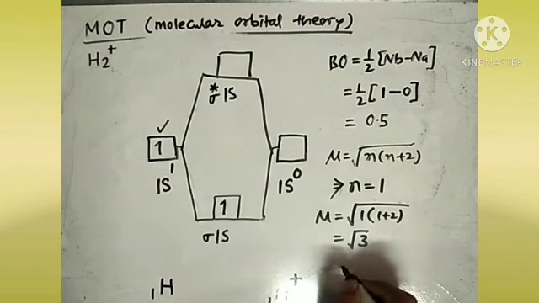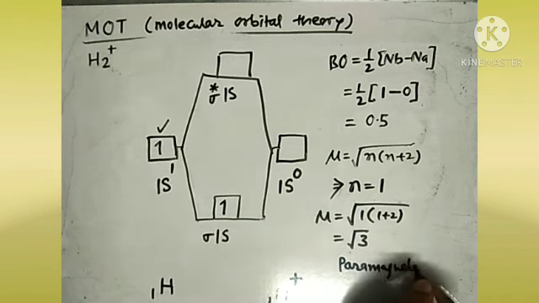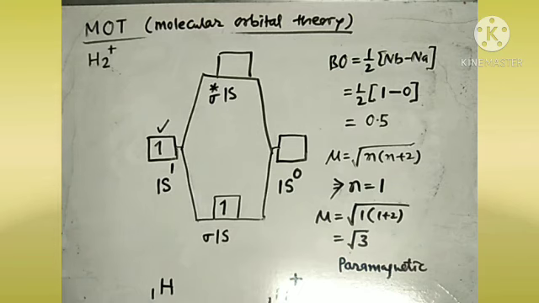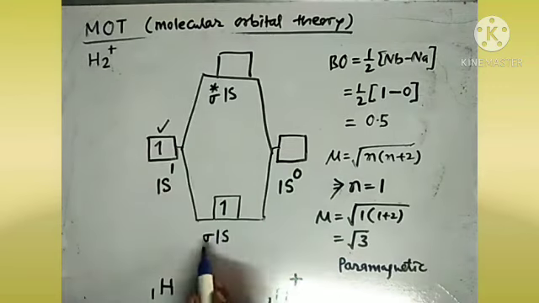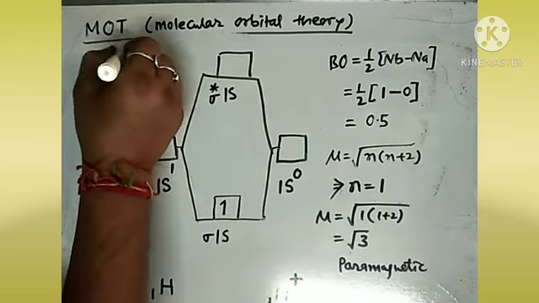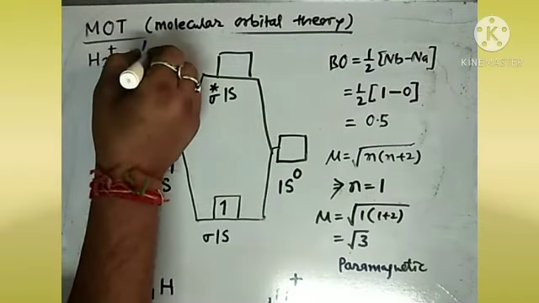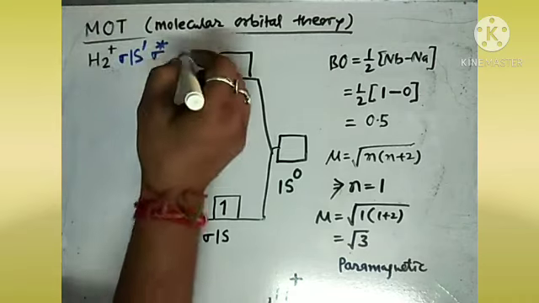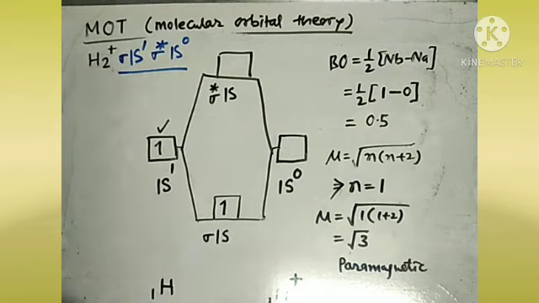So this will be paramagnetic. It is paramagnetic. Now we have the electronic configuration. So let's see what the electronic configuration is. Sigma 1s has one electron here, and at the upper side sigma star 1s has none. This is the electronic configuration.